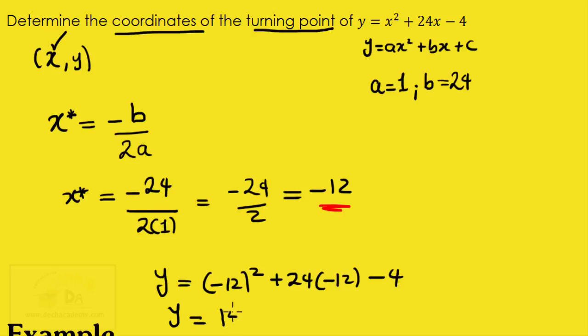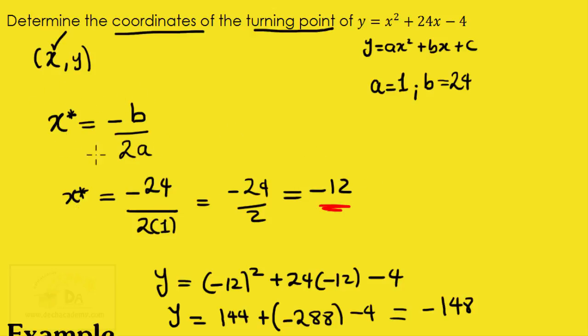That's 144 plus what's 24 times minus 12? That's minus 288 minus 4. Simplifying this gives minus 148 as the corresponding y value to this x value of minus 12.